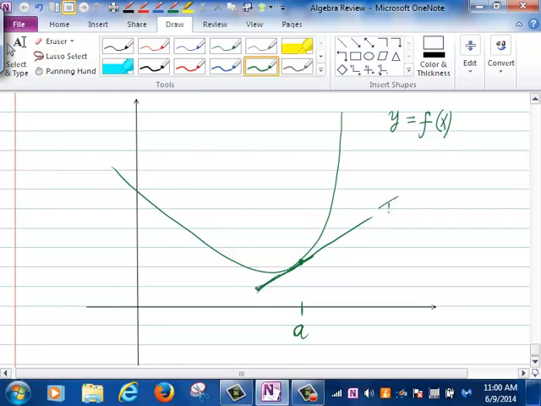So this is the tangent line at A. How would I find the slope of the tangent line at A? Well, let's say A plus h is this number.